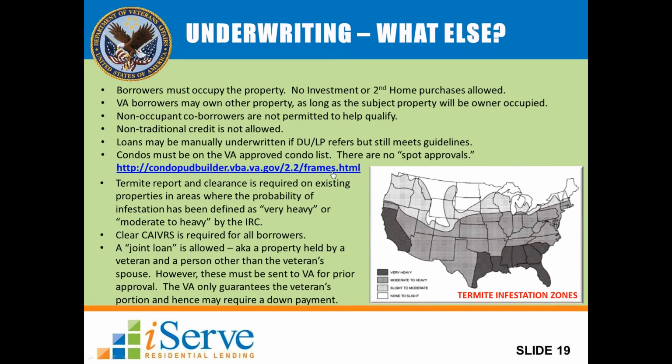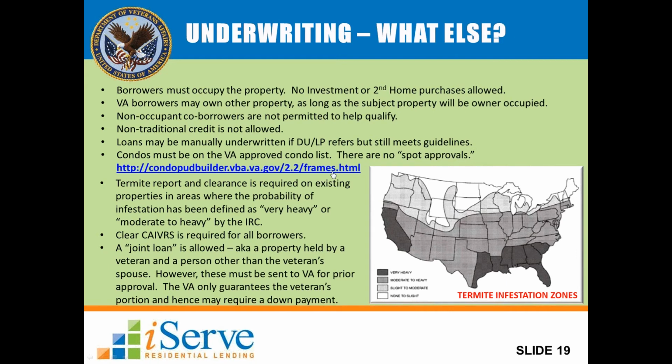For example, in the city of Escondido down here, most projects on the VA list are listed under a tract number. So if you plug in the condo name, the project name, and nothing comes up, keep trying. Try something else. Try a tract number. Try a map number, and you may be surprised at what you can find.